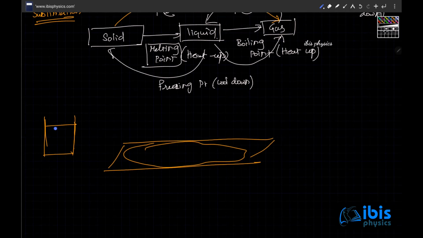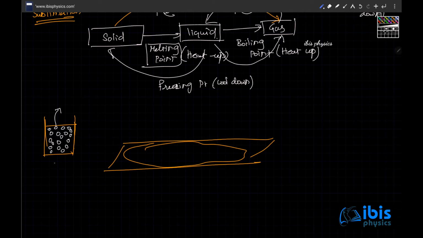See, when you boil it, the molecules that make up this liquid gain sufficient energy, and then they escape and become part of the atmosphere. That means they are becoming gas. But at the surface, the molecules inside do not have enough energy to come out.